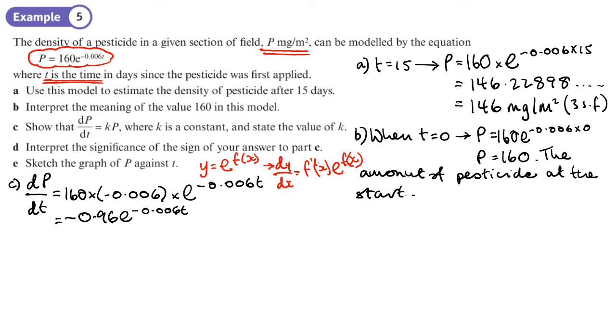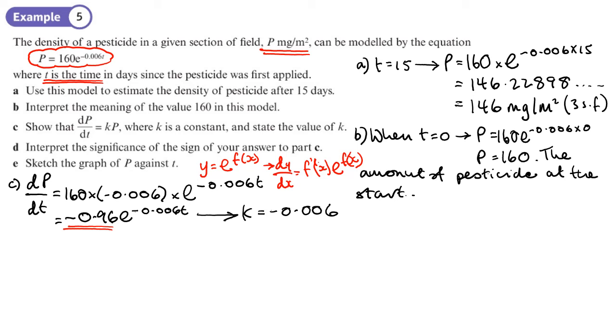So if we need to state the value of k, that means comparing this to the thing that we started with. And what we did to 160 was that we multiplied it by that negative 0.006. So that means that's the value of k, negative 0.006.